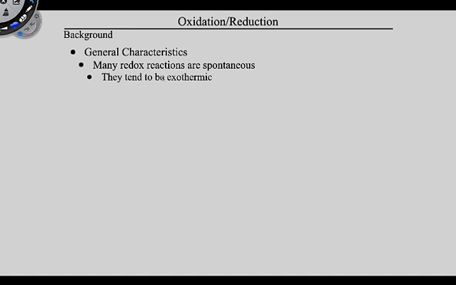They tend to be exothermic. That's why batteries overheat. They get hot when they do their thing. And so guys, back to this concept of batteries, what you're going to find out is, especially in this class, we're going to think of these oxidation reduction reactions through the lens of batteries. And batteries are what we call voltaic cells, and we'll talk more about that on Tuesday.